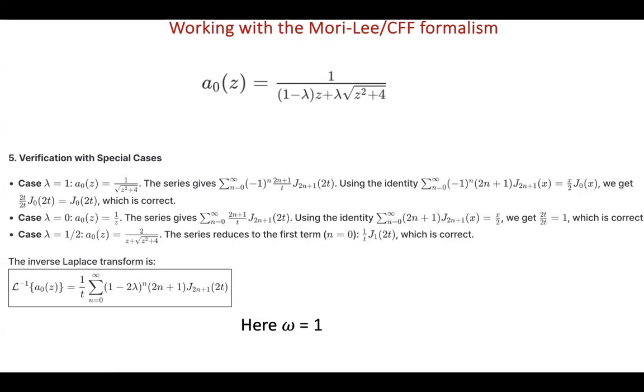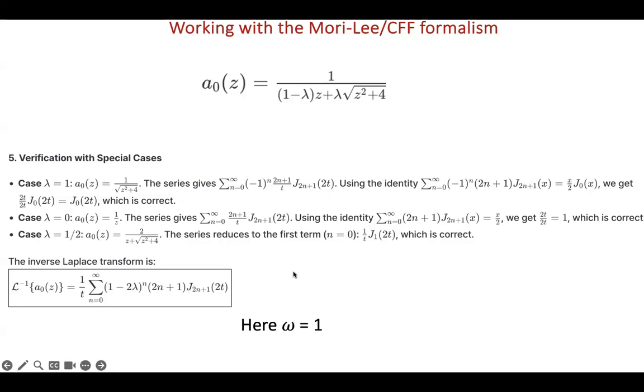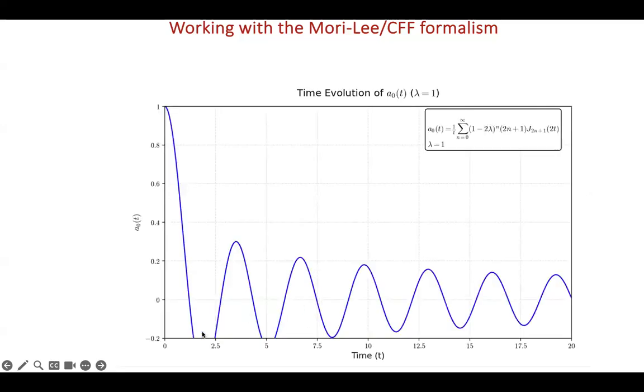Now, this solution becomes a J0 of t if you take away the lambda. So if you set lambda to 1, this thing essentially goes over to a J0 of t. So now you see, if you plot it, it got cut off a little bit, but this is how the Bessel function solution looks.